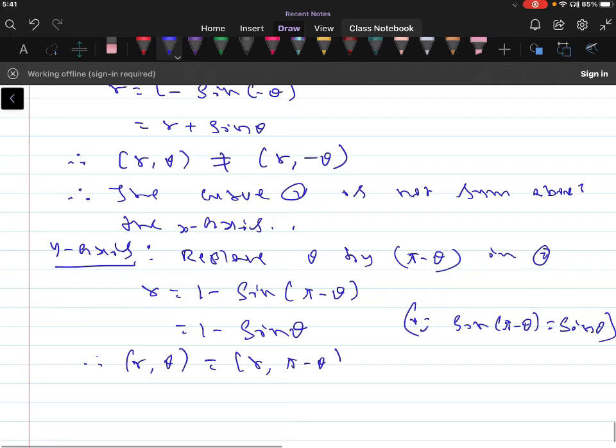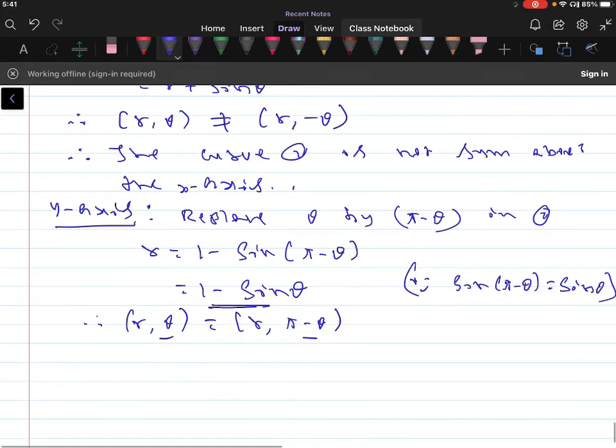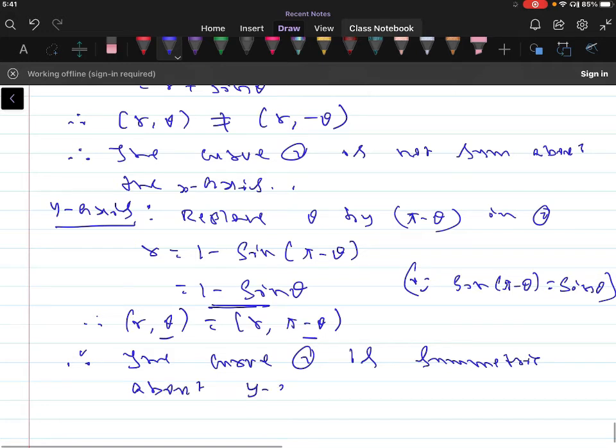When you replace theta by minus theta, the equation is the same as equation 1. So therefore, the curve 1 is symmetric about the y-axis.